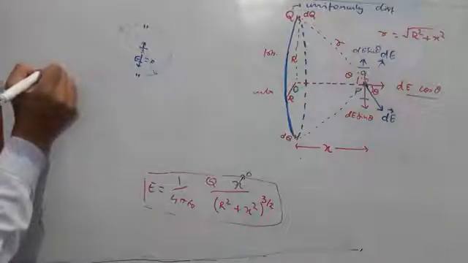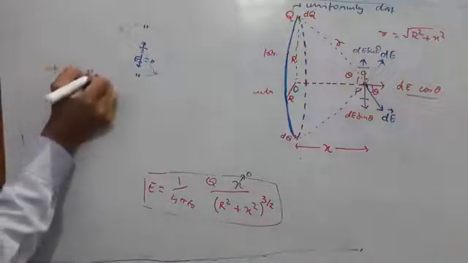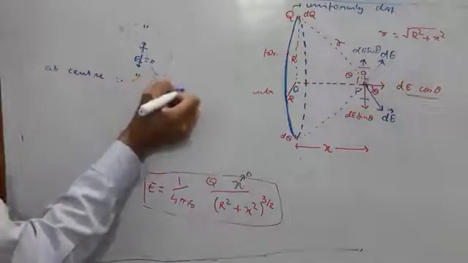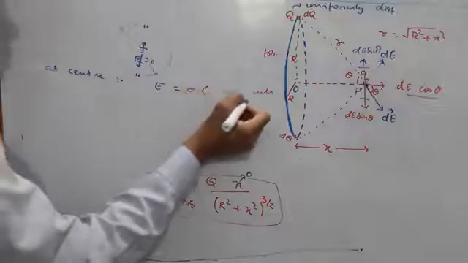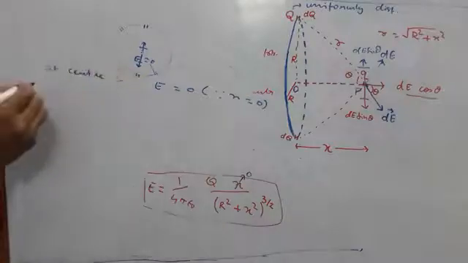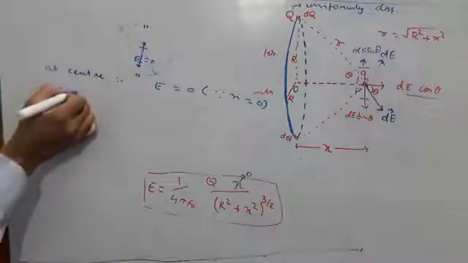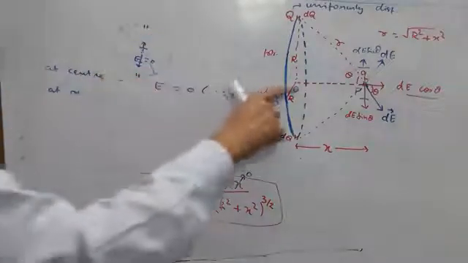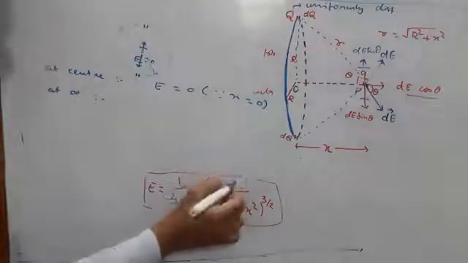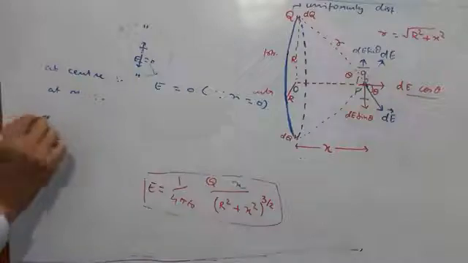So at center, I argued that E is equal to 0 since x is equal to 0. If you move to infinite separation from this particular ring, along this axis you move very far, then that x will become infinity.